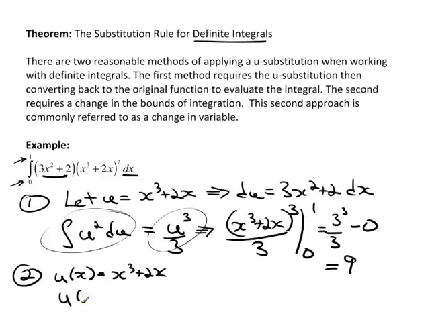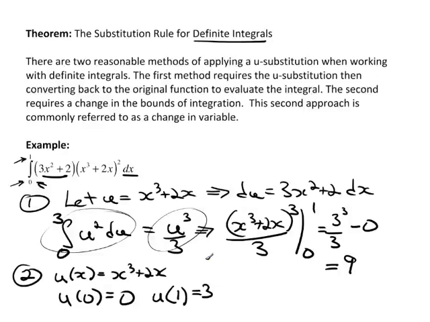Now, u of 0 equals 0. So that means my lower bound, where I had a 0 here, is still going to be 0. My upper bound, where I had a 1, is going to be u of 1. u of 1 is going to be 3. So I'm going to integrate from 0 to 3.